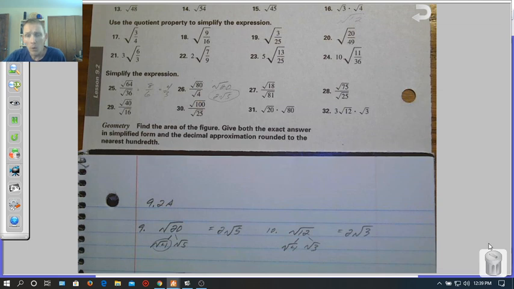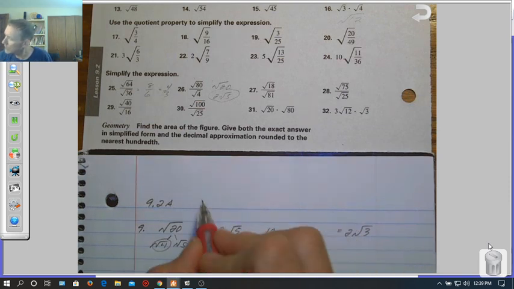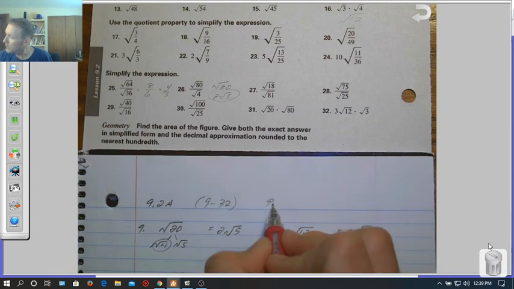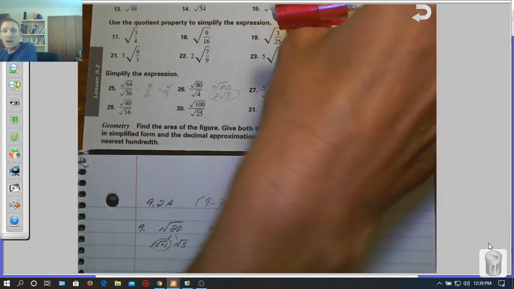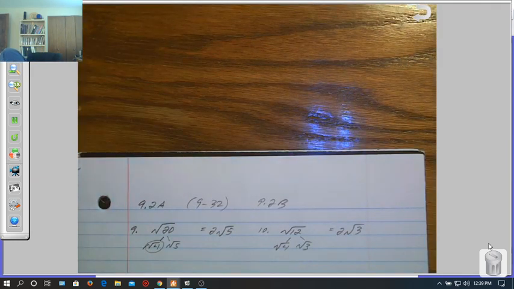Okay. What I want you to do is go through and practice 9.2a, and that assignment for 9.2a is going to be problems 9 to 32, and then 9.2b, which is going to be the back side of homework. Let's see if we can find that 9.2b.